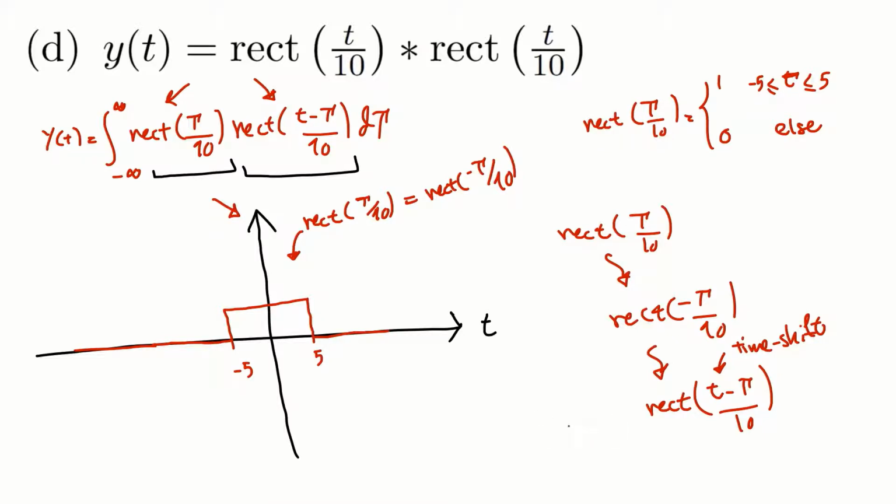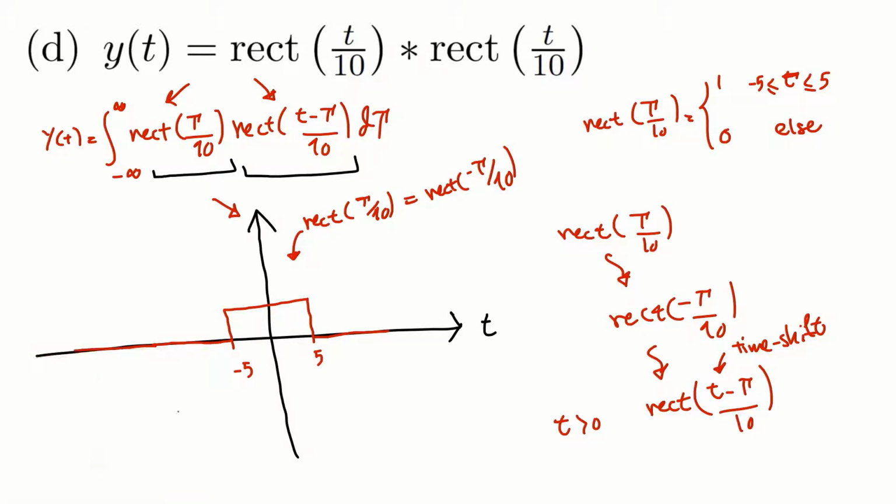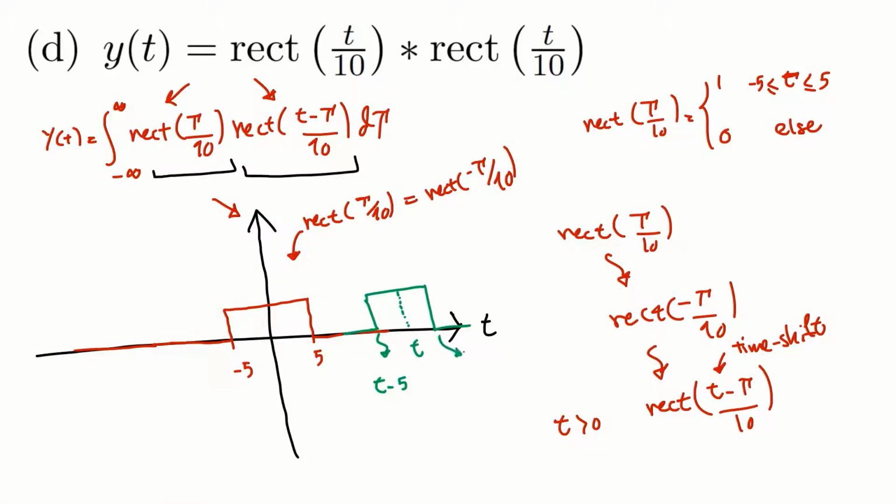So if t is positive, we have a shift to the right. So we would have something like, let me use a different color. We would have a shift to the right of this signal, so it would be something like this. And this is t, so this would be t minus 5, and this would be t plus 5.